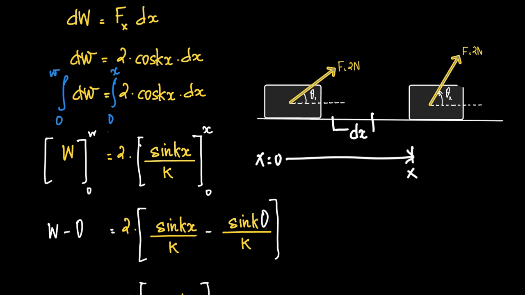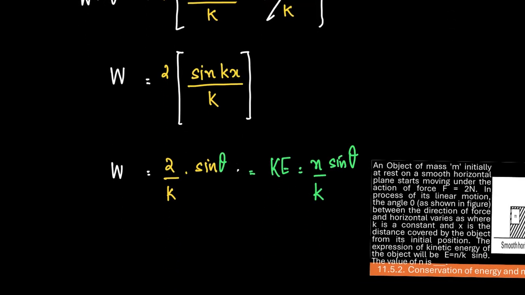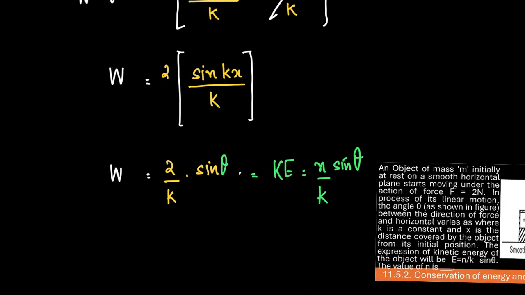What is sin 0? Sin 0 is 0, which means this term will get eliminated, and we only have one term. W minus 0 is W, sin kx by k into 2. So W is equal to 2 by k into sin kx. What is kx? kx is theta.